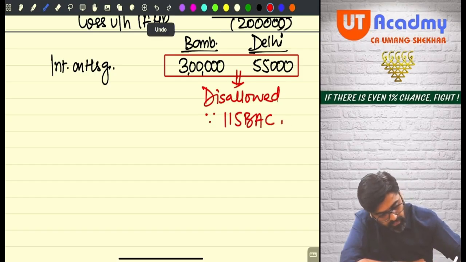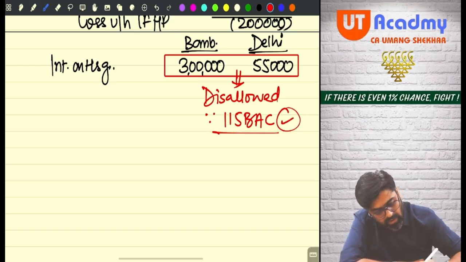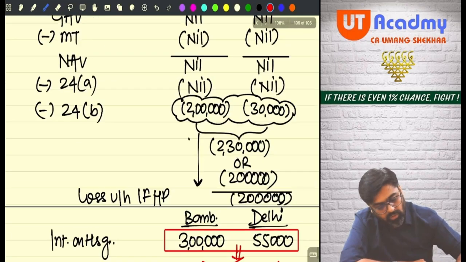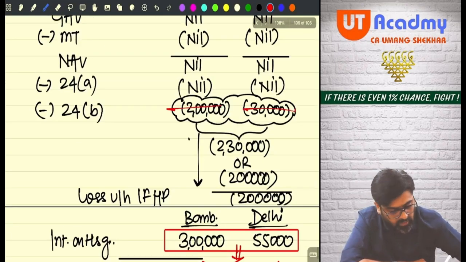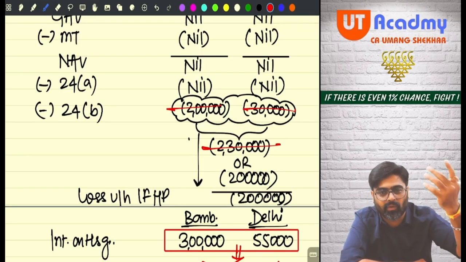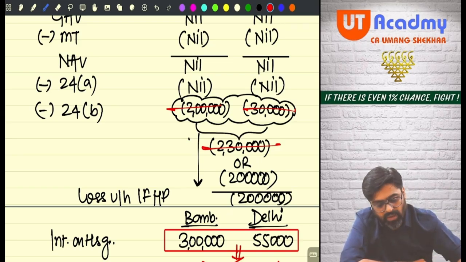Yes or no? Since the assessee follows 115BAC, both are disallowed. Hence, here interest will be nil and here also interest will be nil. So my dear friends, there will be no loss, and the final income from both the house properties will be nil only. Got it? Sure. Let's move to the next question.